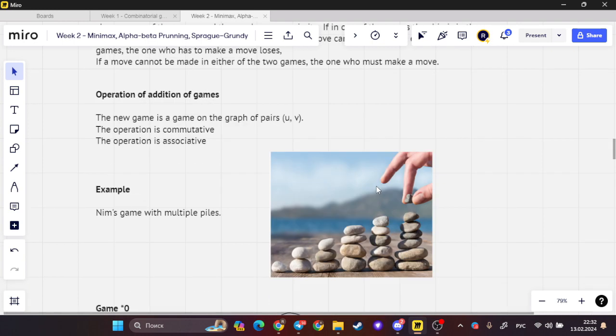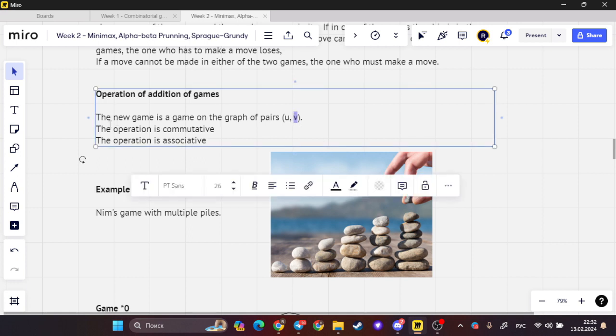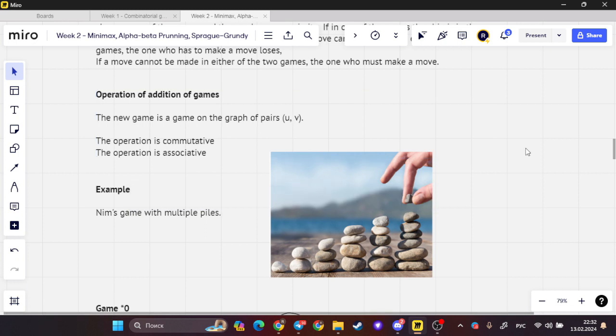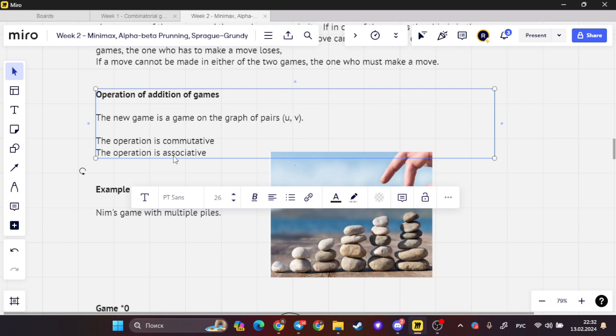Okay, the operation of adding games. I have already described this example, and notice that the operation is commutative because we can swap our games, and the operation is associative because we can imagine our game as one game, and that's it.